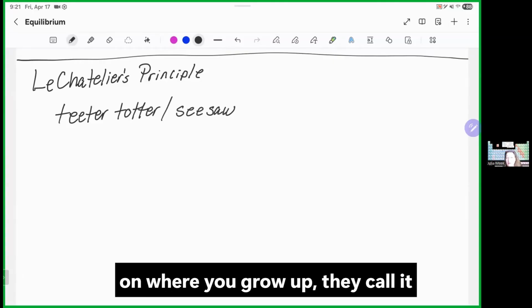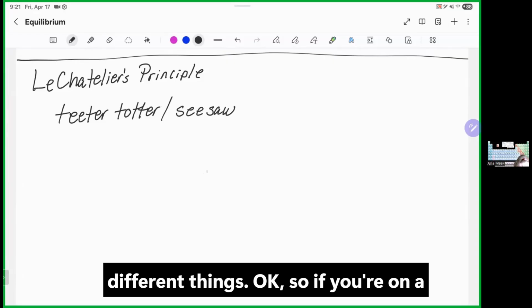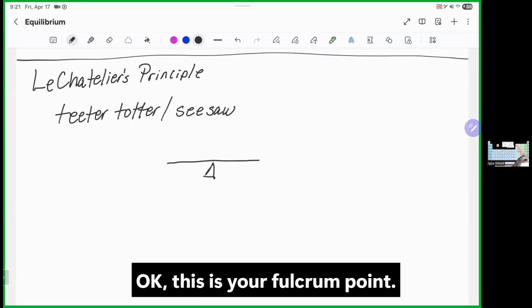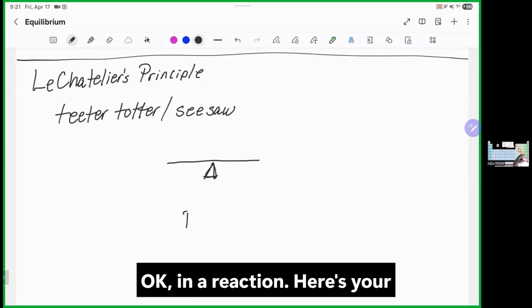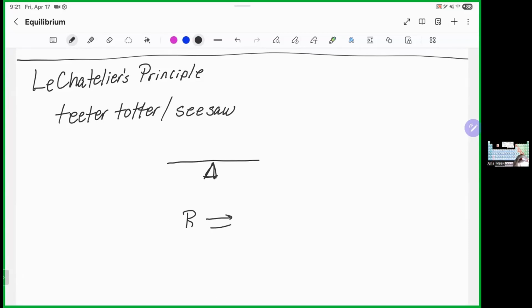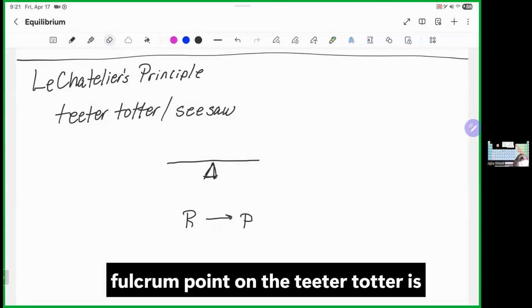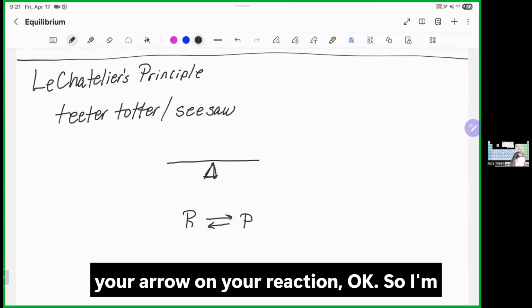Depending on where you grew up, they call it different things. If you're on a teeter-totter, this is your fulcrum point. In a reaction, here's your reactants, and here's your products. The fulcrum point on the teeter-totter is your arrow on your reaction.